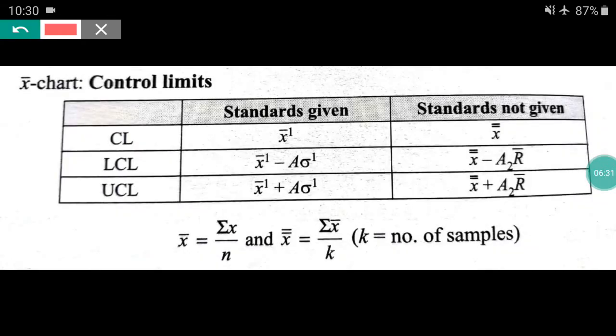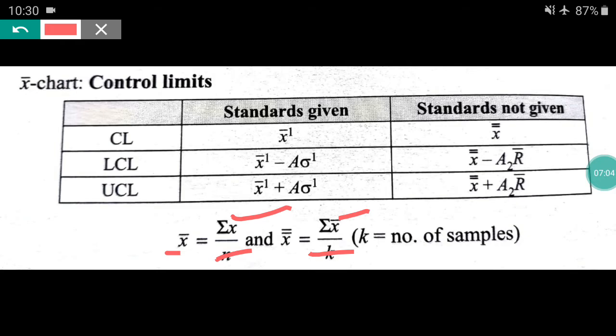I hope everybody knows very well, because you solved it in third semester: the mean average. X bar you can calculate as summation X divided by N. X double bar, they will provide the X bar values and you should find out the X double bar value. At that time, summation X bar divided by K, where K means the number of samples.